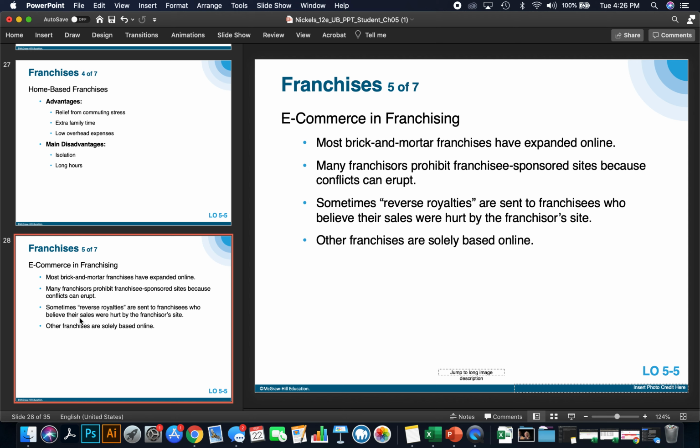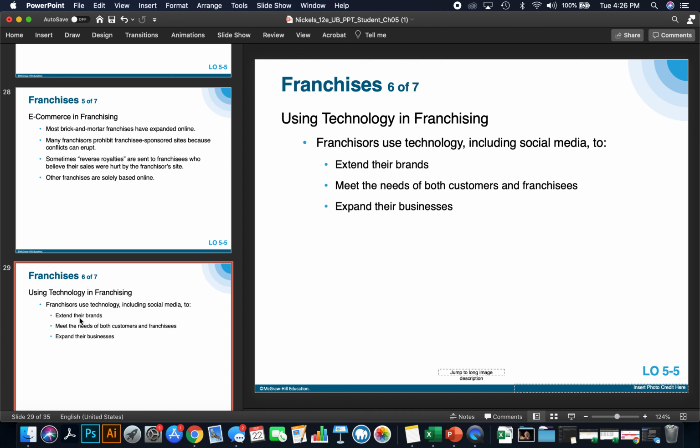Sometimes reverse royalties are sent to franchisees who believe that their sales were hurt by the franchisor's site, and other franchisees are solely based online. Franchisors use technology, including social media, to extend their brands and meet the needs of both customers and franchisees. Also helps expand their business.